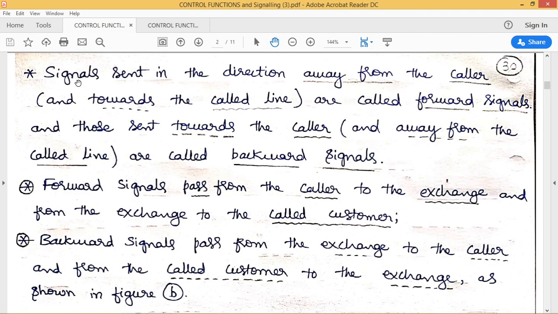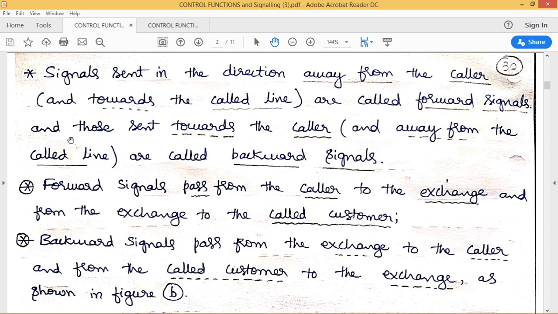Now we will discuss a few important concepts. If the signals are sent in the direction away from the caller, that is towards the called line, they are called forward signals. If the calling person is transmitting signals towards the exchange and then towards the called person, we call such signals forward signals.